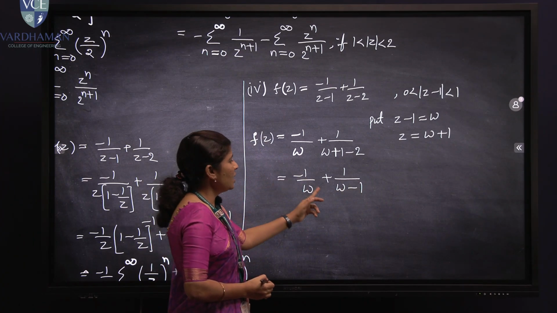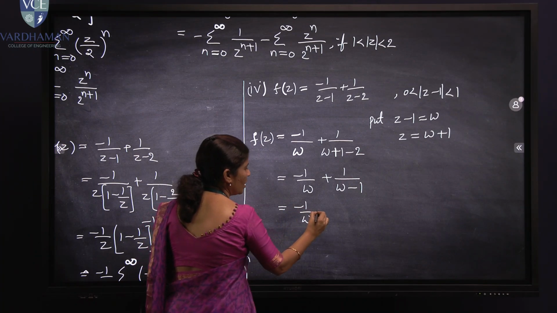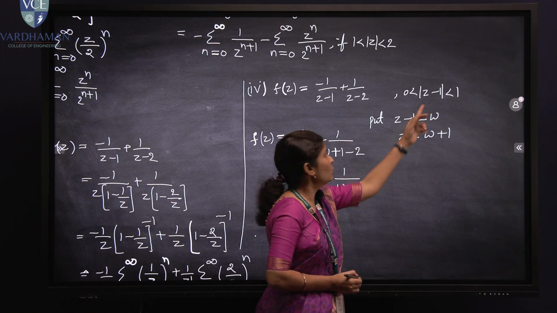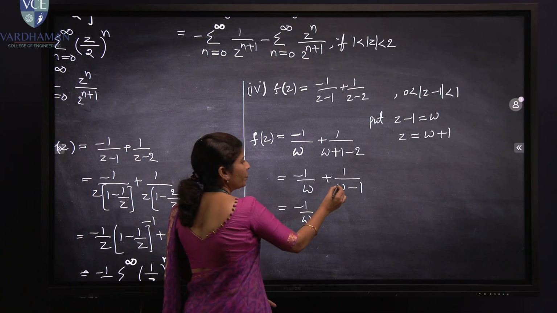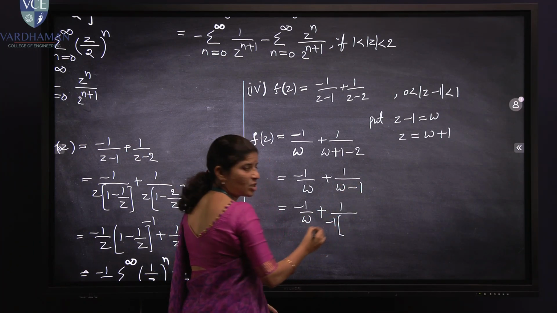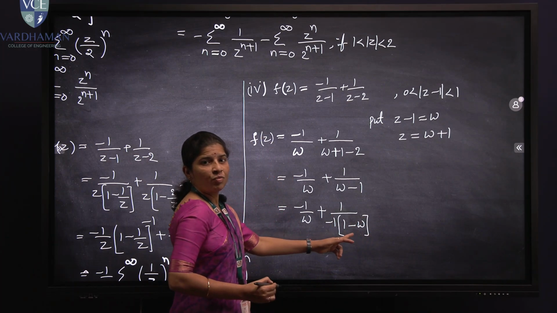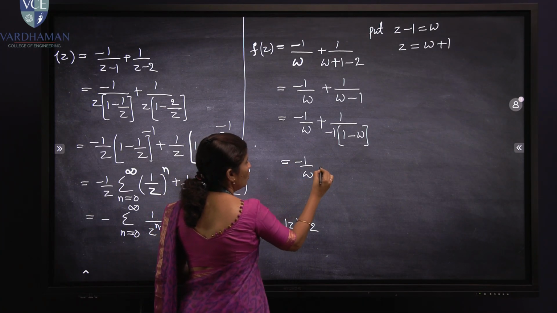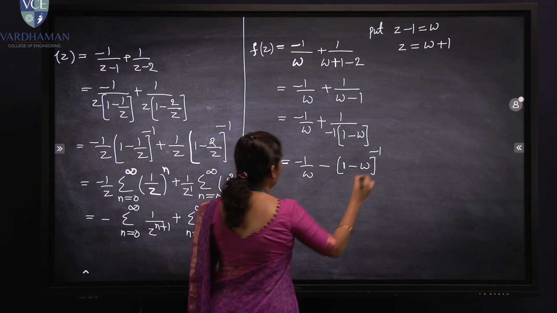This f of z is in a form of w, I will write in a binomial expansion form, that is minus 1 upon w as it is, and we know clearly modulus of z minus 1 value, that is the w value, is between 0 to 1. Between 0 to 1 means here 1 is the greater term, so here I will take the minus 1 common. If we take the minus 1 common here, 1 minus w. Now this 1 minus w we have to take into numerator, that is minus 1 upon w plus minus (1 minus w) whole inverse.